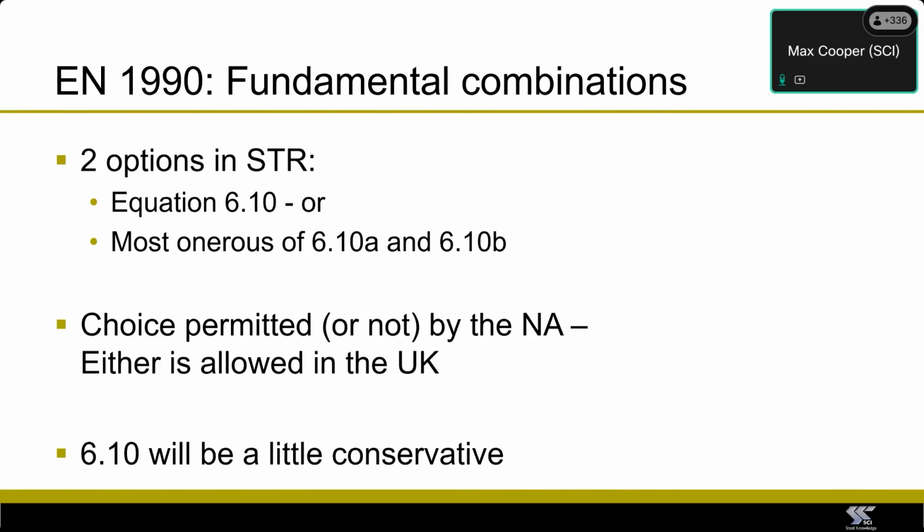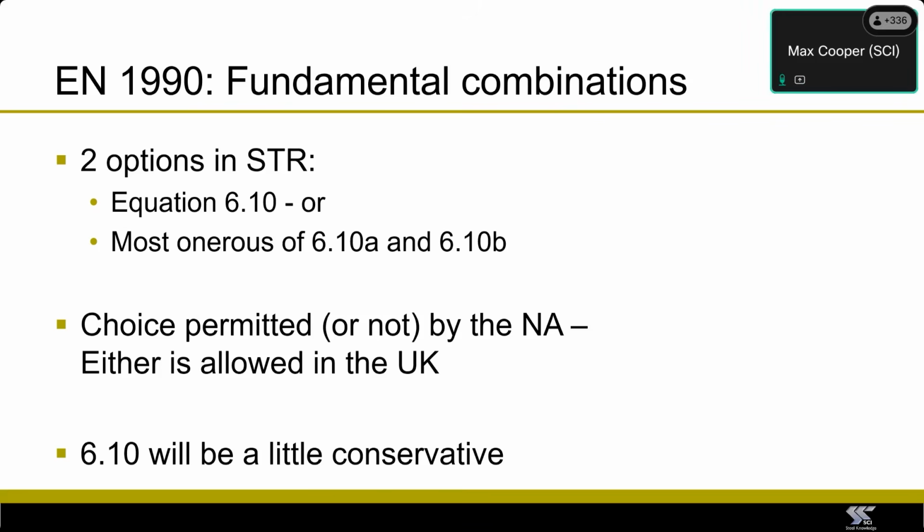So focusing on the STR load combinations, we have two options that are given for STR. We have equation 6.10, or we have the most onerous of 6.10a or 6.10b.